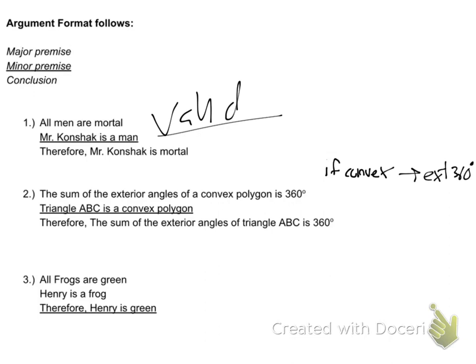The sum of exterior angles of a convex polygon is 360 degrees. So it's stating that if you're a convex polygon, the sum of the exteriors is 360. Yes, so it's a valid statement. Triangle ABC is convex. It puts it in the group. Therefore, it has to have the same quality. So that is a valid argument.